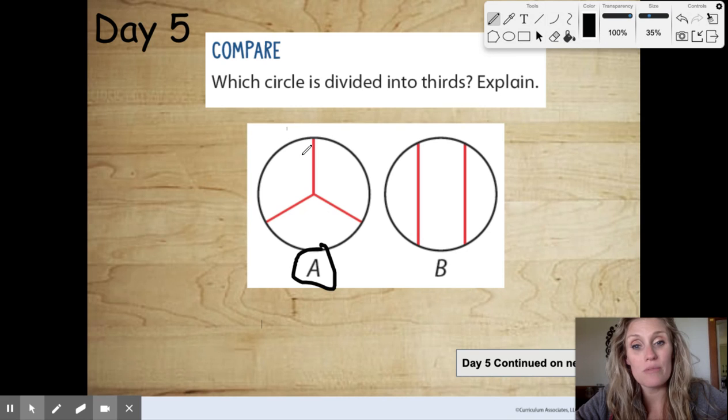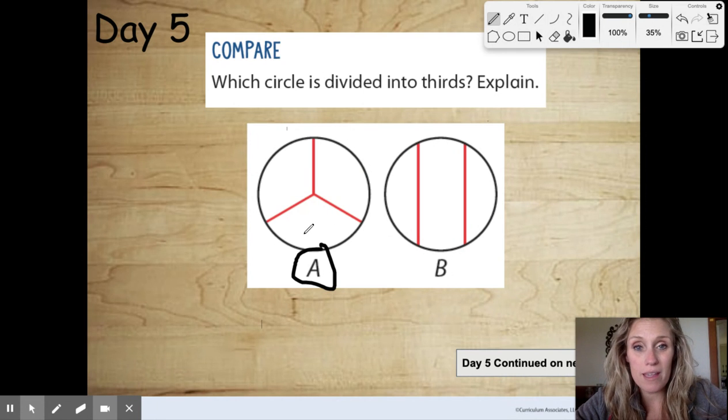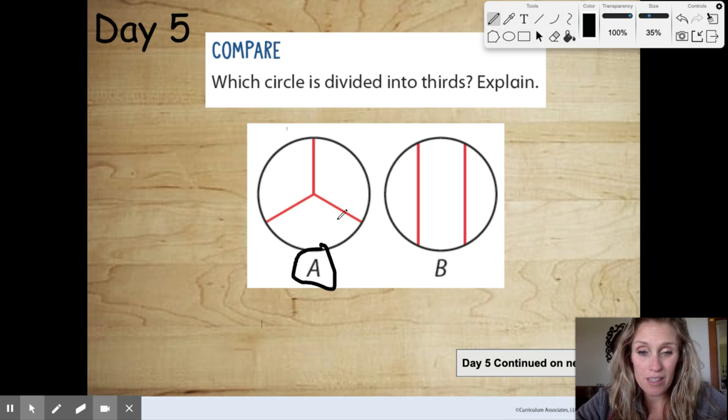So it's in 3 equal parts. Maybe one friend wanted pepperoni, one friend wanted cheese, one friend wanted sausage. We would all get the same size slices of pizza because it is broken into equal thirds.